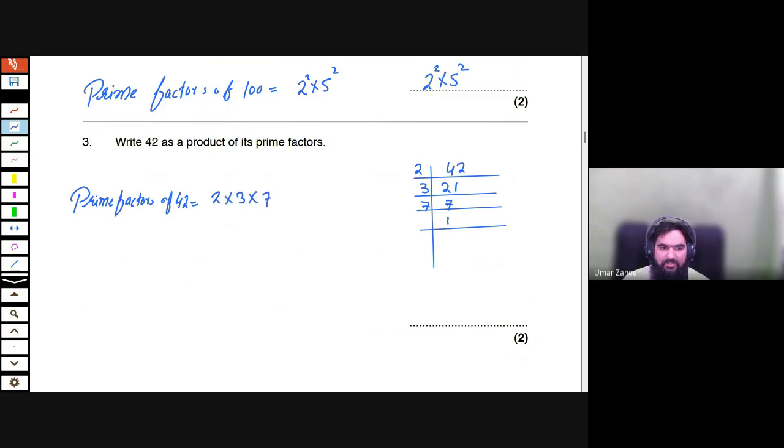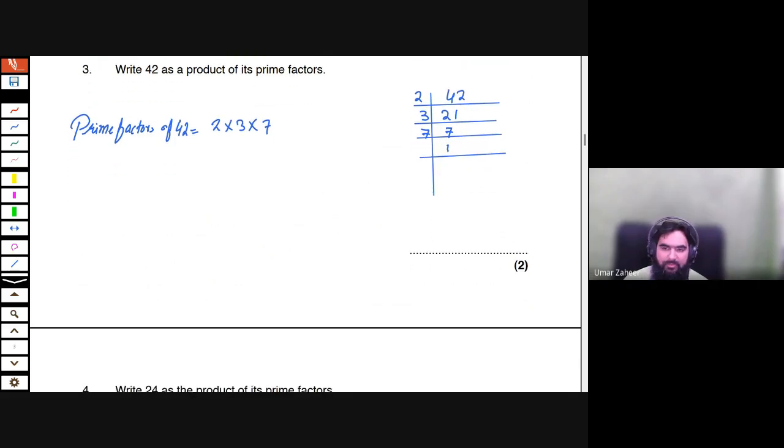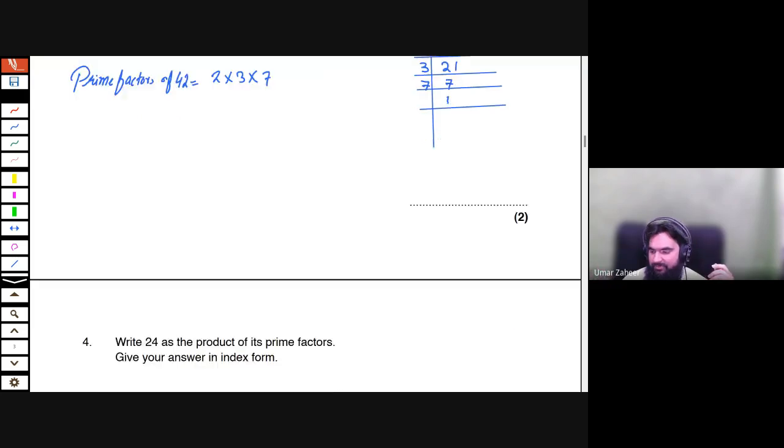So these are the prime factors. Prime factor means you have to write the composite number 42 in terms of their prime factors. Obviously, every composite number is made up of the product of prime numbers.